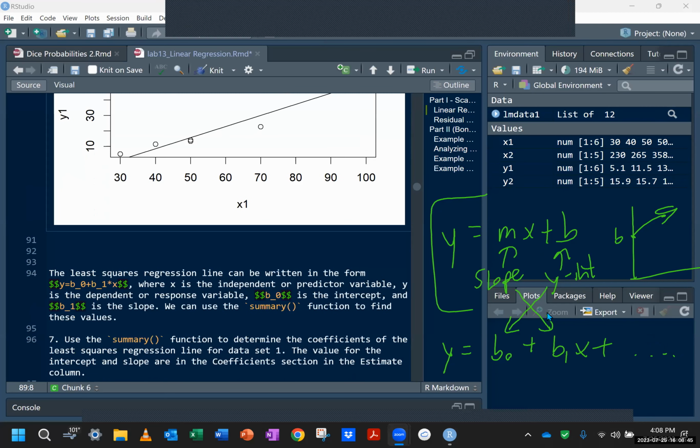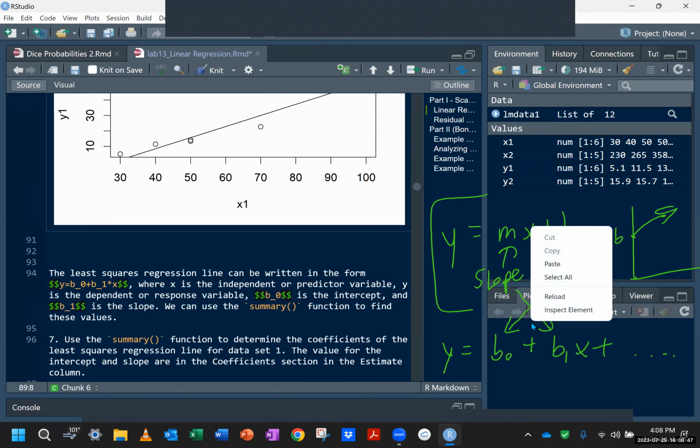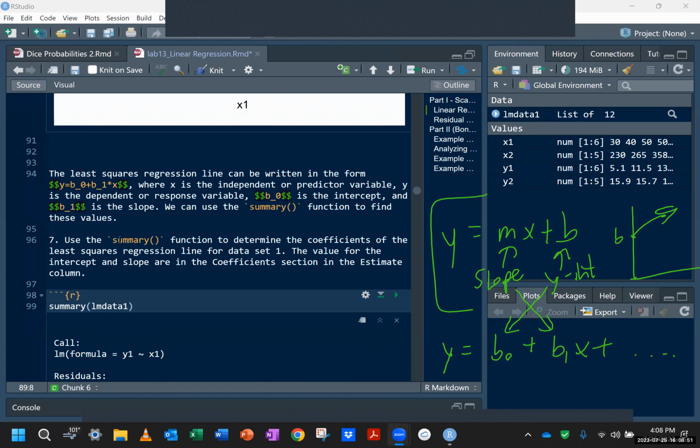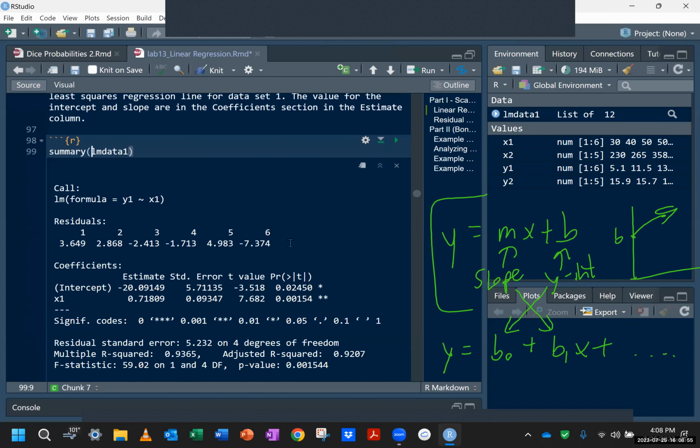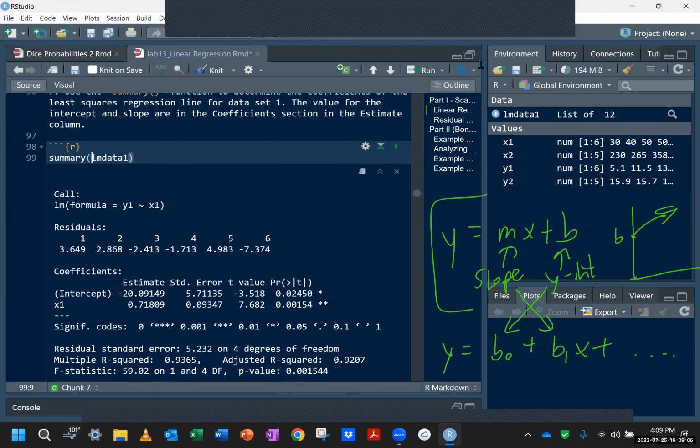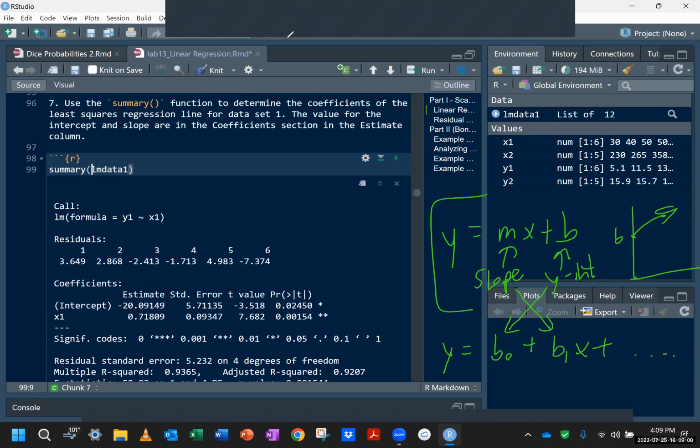So the way we can find out what these variables are, b0 and b1, is we can run the summary function on our linear model object. So it says, here's our formula, here's all my residuals. We'll talk about those next. And then what we really want to look at are the estimates. So here, that's my estimate for b0, my y-intercept.